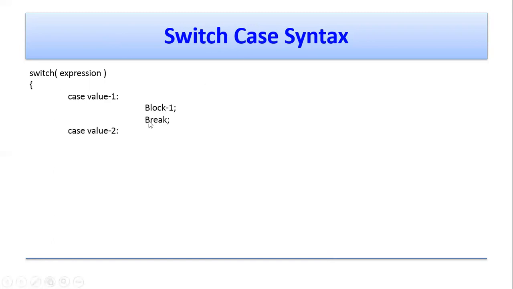This b should be lowercase. Then case two, then block two, and then break. Likewise, you can go up to case value n, and then block n will be executed and then break. Finally we can have a default block. If no case is matched, then the program will move to the default block. That block will be executed and break, right?